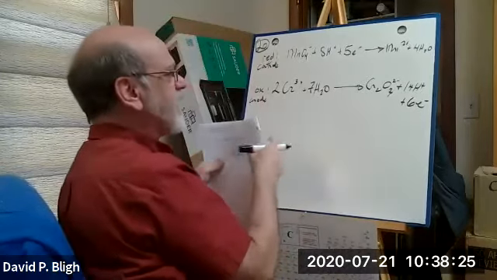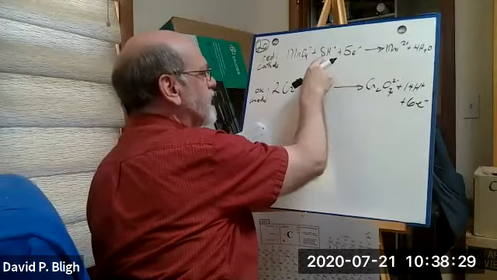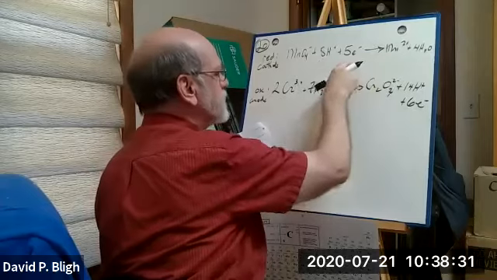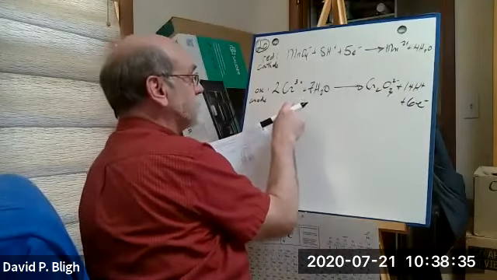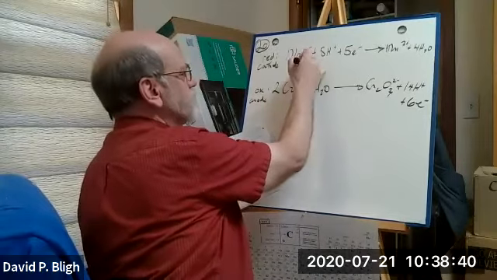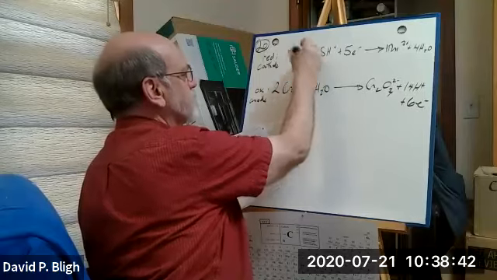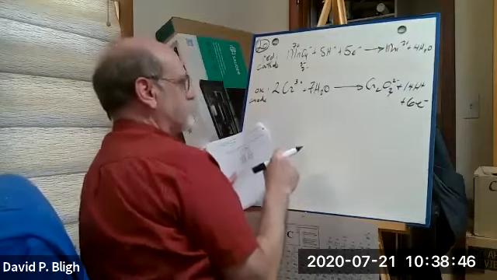Let's just do a quick tally here, quick check. 1 manganese, 8 hydrogens, 4 oxygens, that's good. How about 5 electrons? Is that right? This is 8 minus 7 plus 5 electrons, yes. Okay.